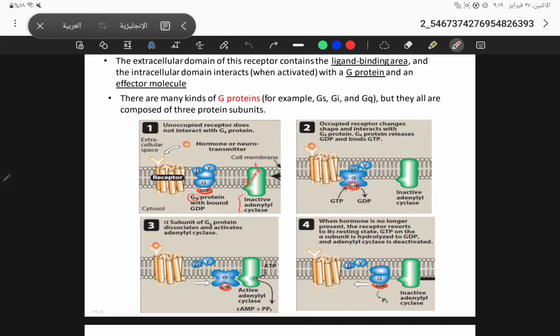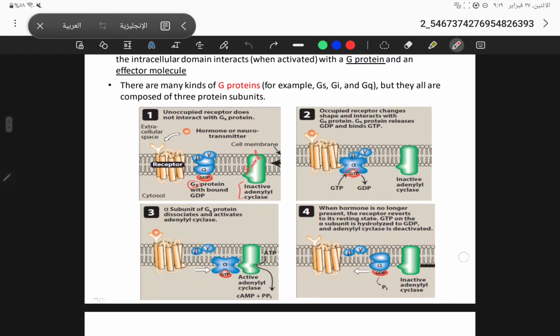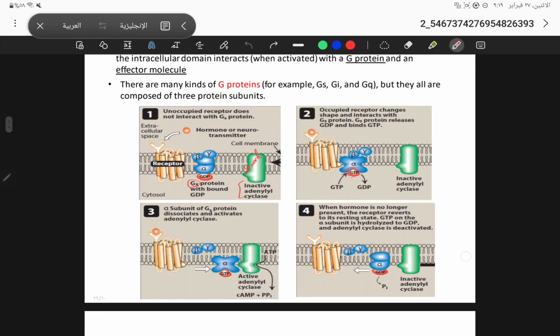What do we mean by GS, GI, or GQ? As we said, GS is linked to the activation of adenyl cyclase. GI, what does it mean? The opposite, linked to inhibition of adenyl cyclase. And GQ? GQ is related to activation of phospholipase C, not adenyl cyclase.